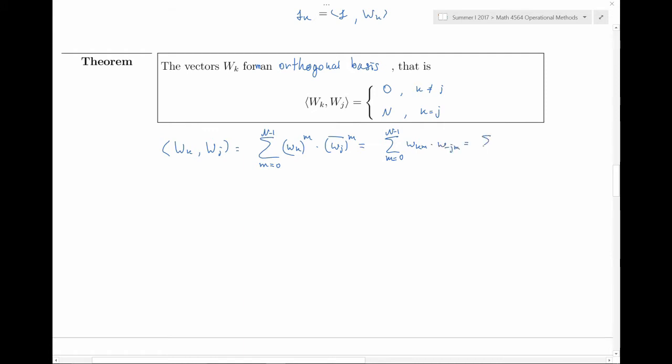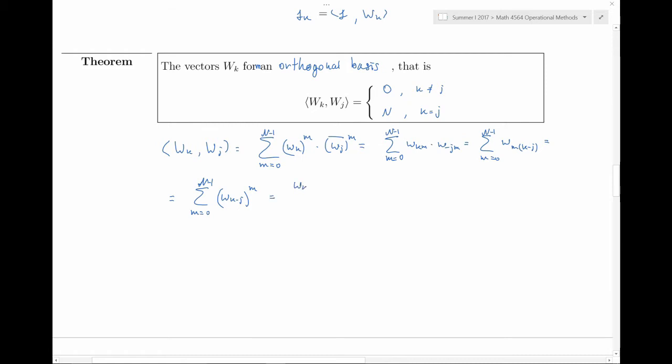So this is the summation as m goes from 0 to n minus 1, again using the properties of these numbers. The indices are going to add, so it's w with the index m times k minus j. So again, using the same properties, this is the same as the summation of w_{k-j} raised to the power m, and we know the summation formula for this.